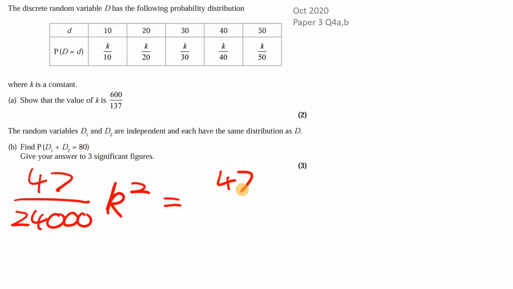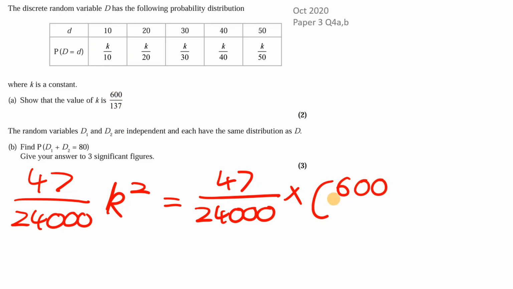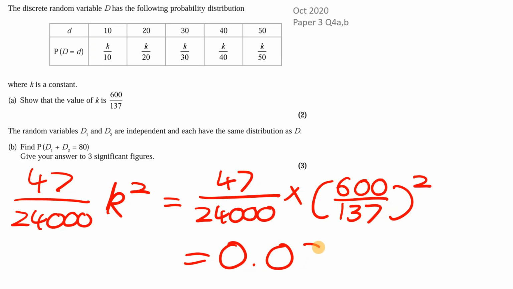So this is 47 over 24,000 multiplied by k squared, and we know that k is 600 over 137. So k squared is going to be 600 over 137 squared. And if you put this into your calculator, to three significant figures it is equal to 0.0376. So this is the probability that d1 plus d2 is equal to 80.